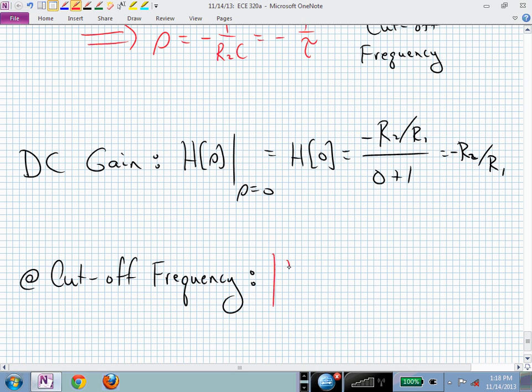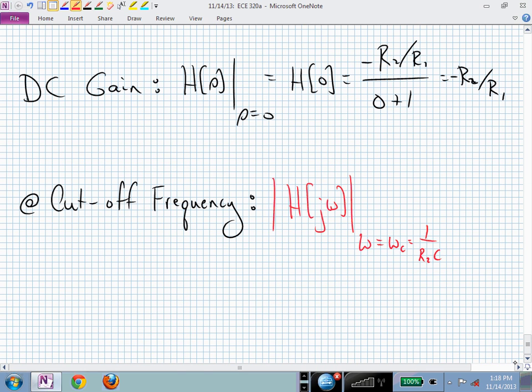circuit. Let's say H of j omega, when omega, let's say, is the cutoff frequency, which is this 1 over R sub 2 C. It's located where the pole is.